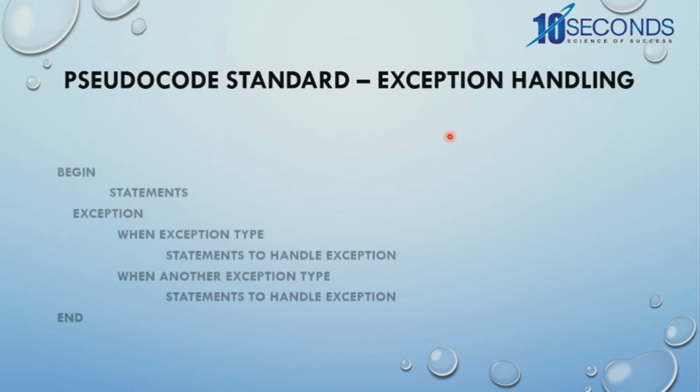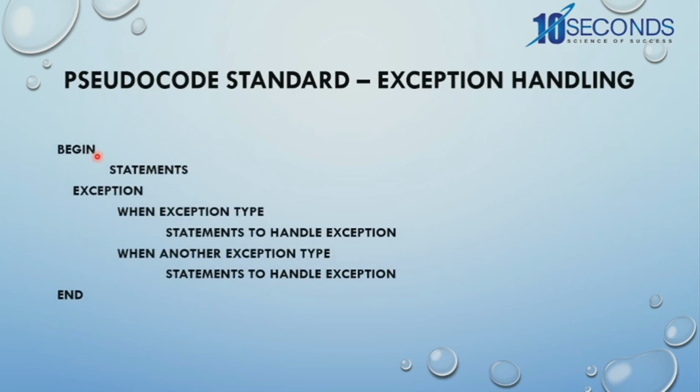And exception handling, it is very simple. Begin and end. Indentation, you have to be very careful. Here, set of statements before handling a particular exception. What is the exception? Here comes the exception type. There may be so many exception types, one is you need to handle divide by 0, or you need to handle accessing a file which does not exist.